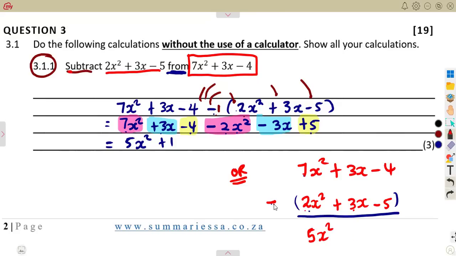Minus 4 minus 5, like this. That is what it means. So there is a minus and there's a minus, so it gives us a plus. So it's minus 4 plus 5, and that was going to give us a 1. So that's plus 1. So as you can see, we're going to have the same answers.